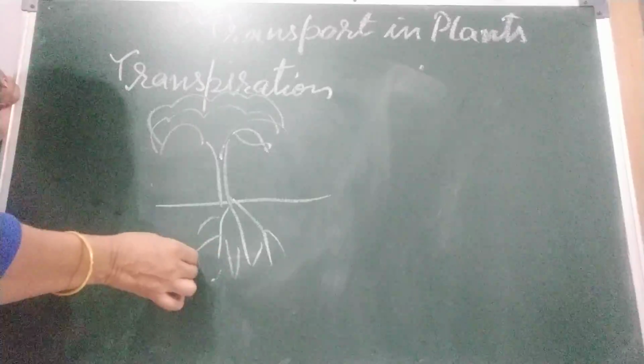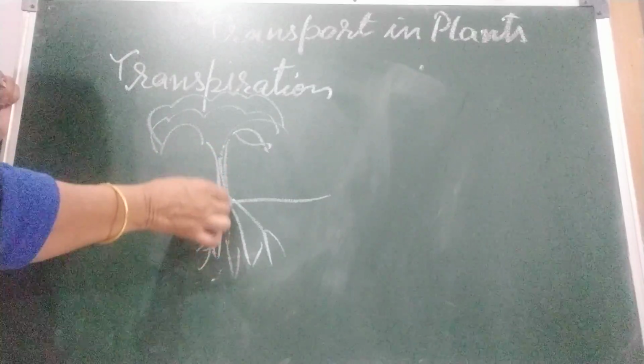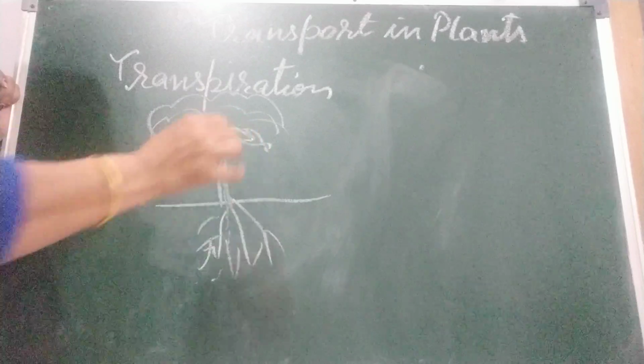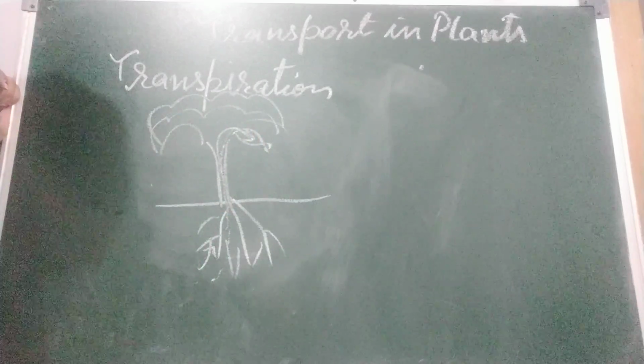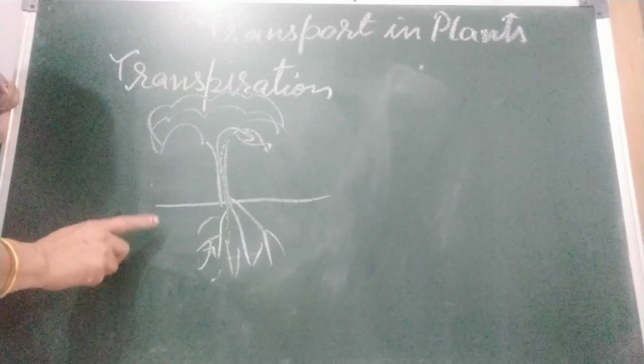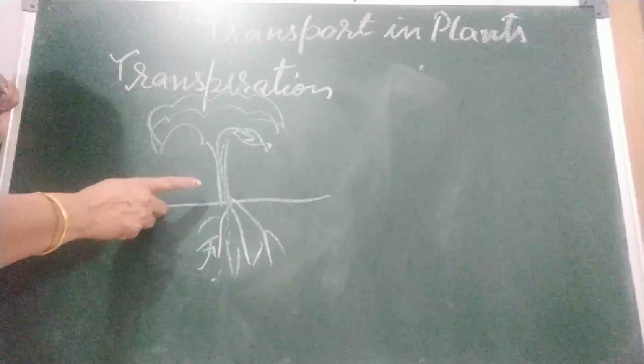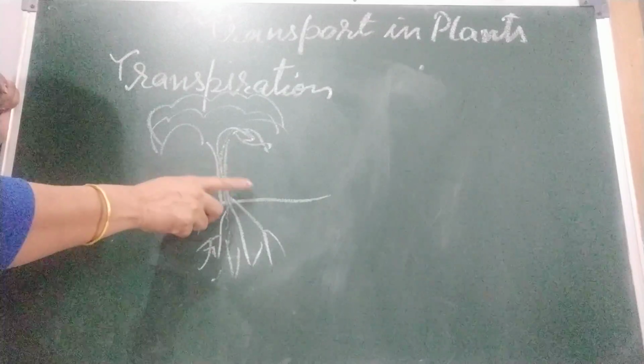The roots absorb water, and it goes through the xylem to the stem and to the leaves. As you all know, it is a continuous process. Water is continuously being absorbed by the roots and lost from the leaves.